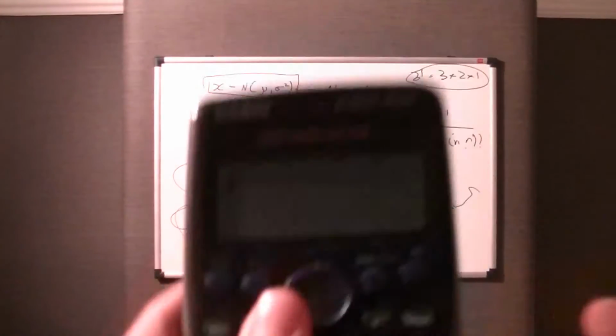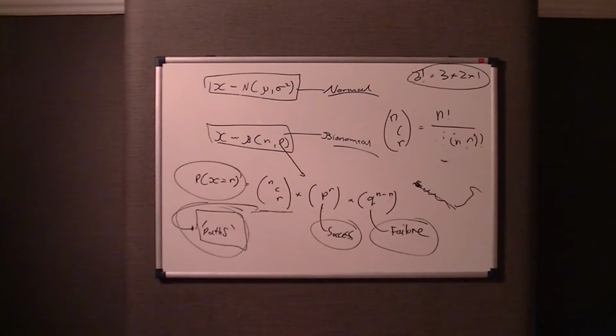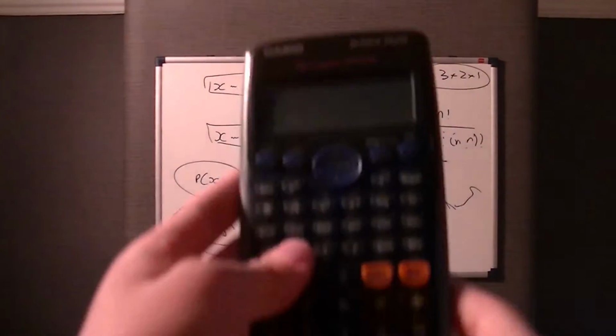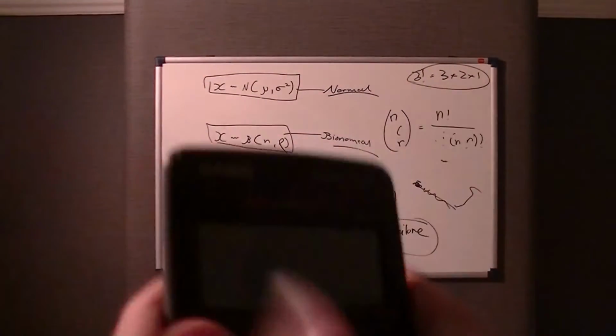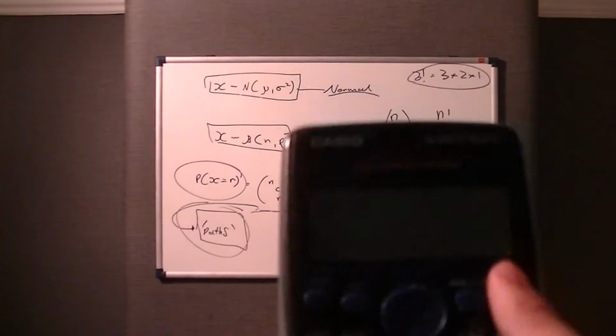Okay, so I'm not sure if you can quite see it because obviously I've got a light on over there. So you've got your standard, just a basic standard calculator. For this particular calculator, the button for nCr is just above the divide. You can't quite see it, but it's in the yellow writing just above the divide symbol.